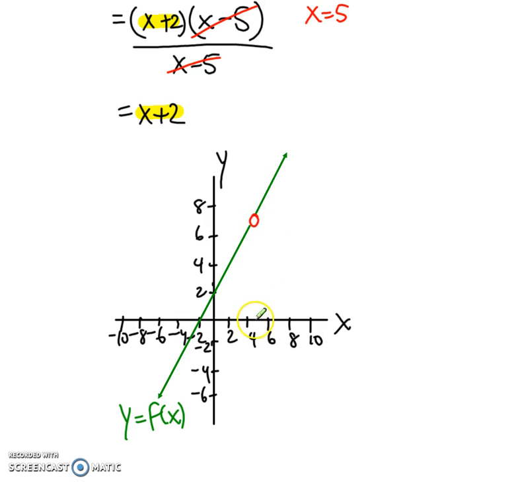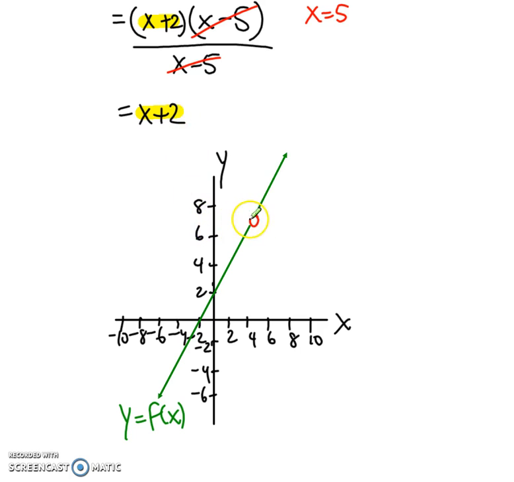So the hole is at x equals 5. I knew it should have been right here because, obviously, it's linear. I can kind of just put it where the line is. But also, if I put 5 into the equation, 5 plus 2 should have been 7.